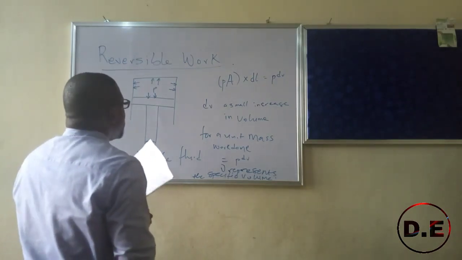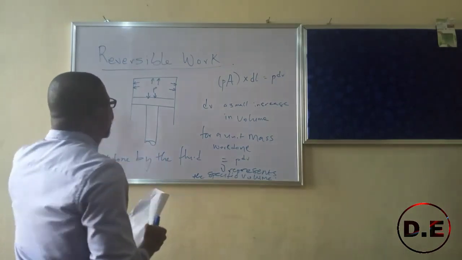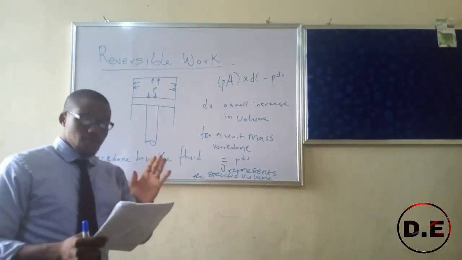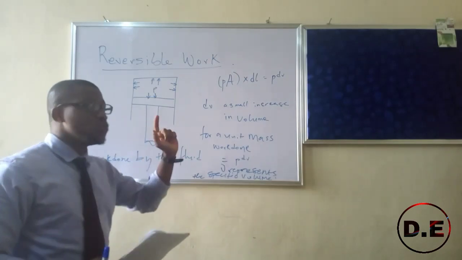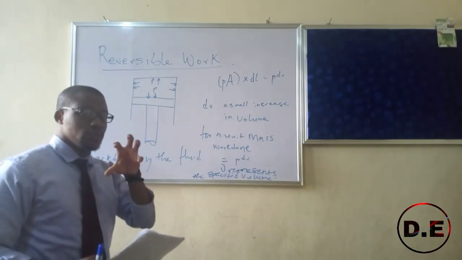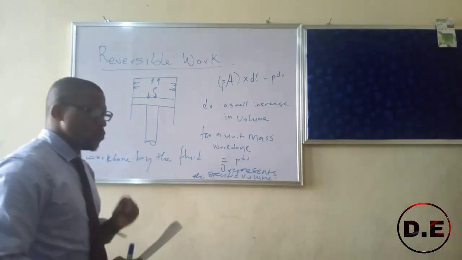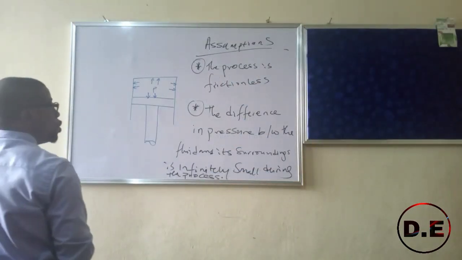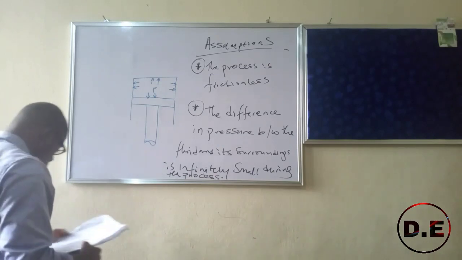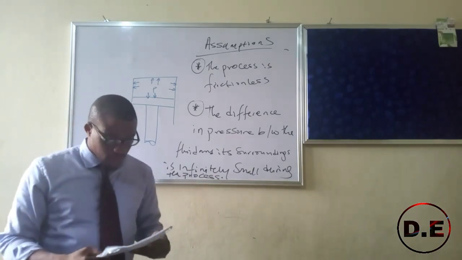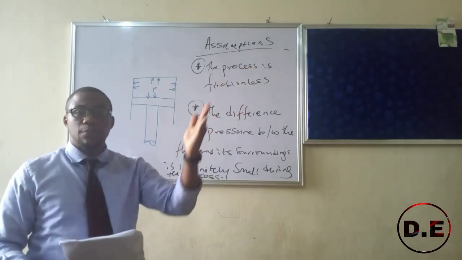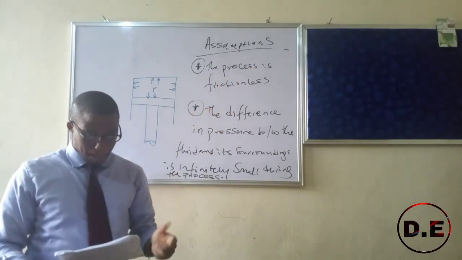But this formulation only holds true when we have the following assumption in place. So when a fluid undergoes a reversible process, the series of state points can be joined by a straight line.